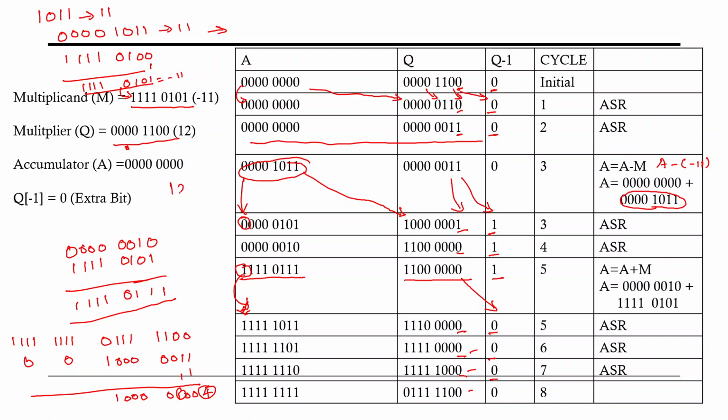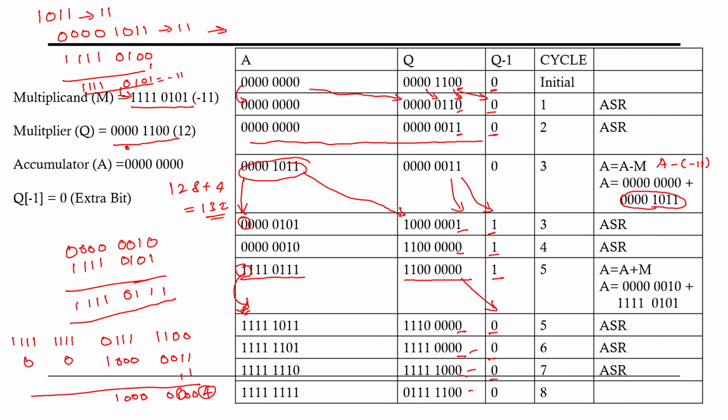So 128 plus 4 is going to be 132. So we have got the correct answer for minus 11 into 12, which we got in the 2's complement form. We have taken the 2's complement once again, and then we have verified that the output is correct.